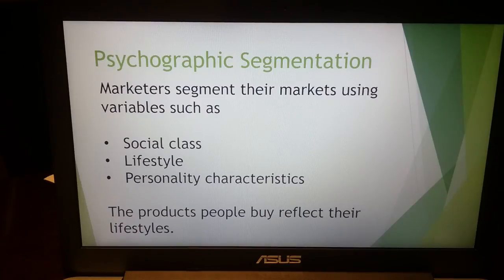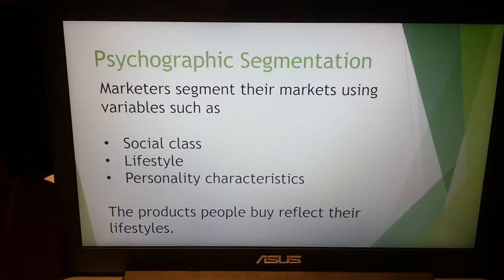It just means they have a high income. And just because someone has a low income doesn't necessarily mean they don't have a lot of money either. They just have a low income. Anyway, so that reflects people's lifestyles, and the products they purchase reflect their lifestyle.